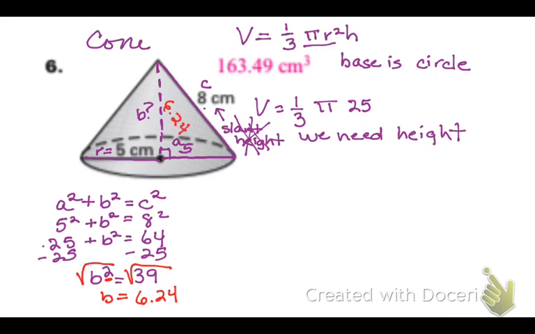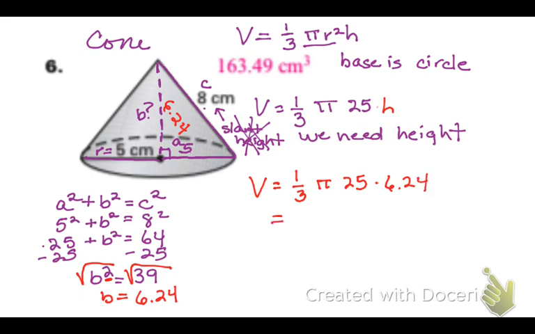And we can figure out our volume is equal to 1/3. The base is a circle, and it's equal to pi times 25, times h, which we now know is 6.24.